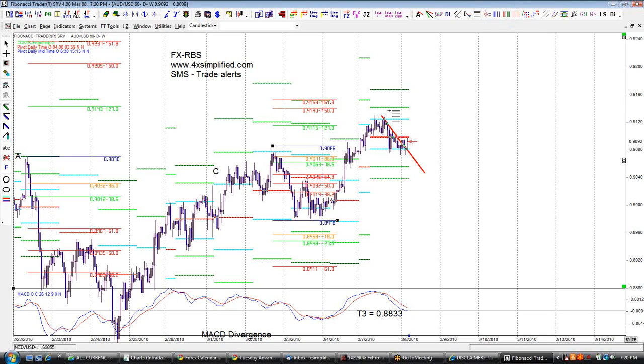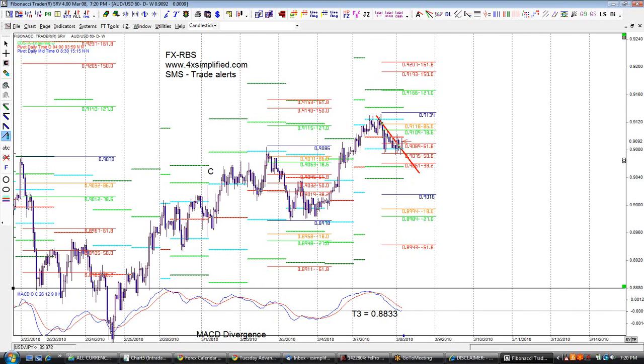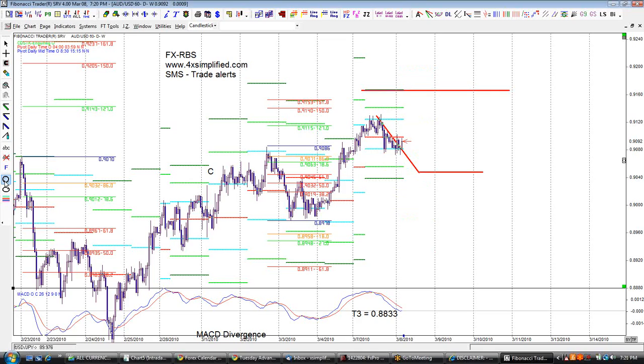I haven't taught you guys the three drive yet, but the entry is currently converging with that pivot point. In order to have a three drive pattern, we need the price to drop all the way here.